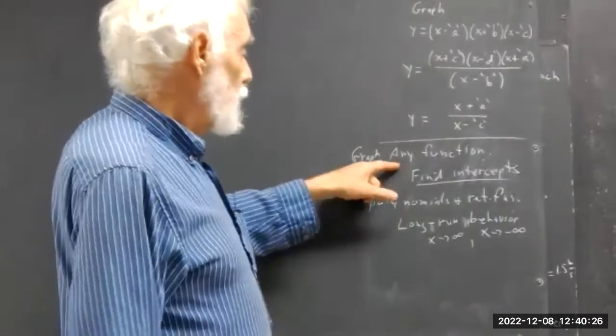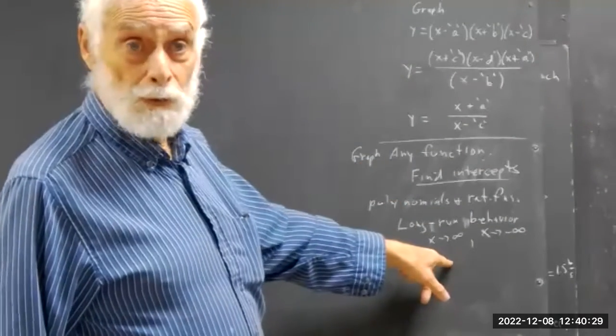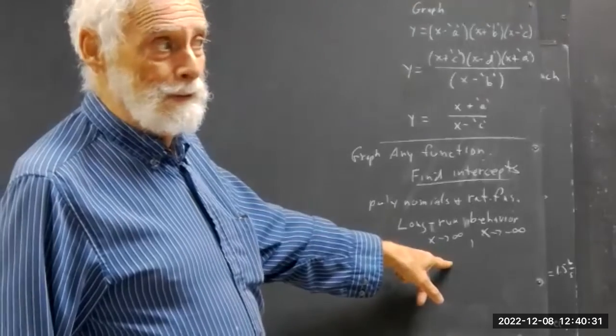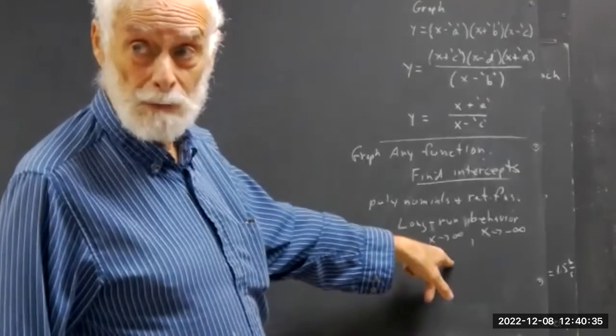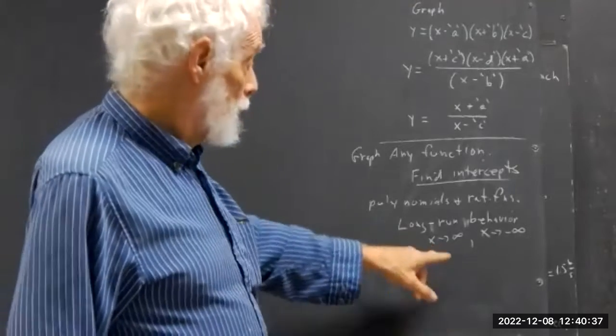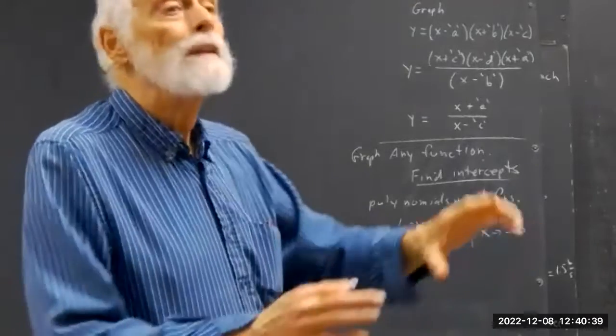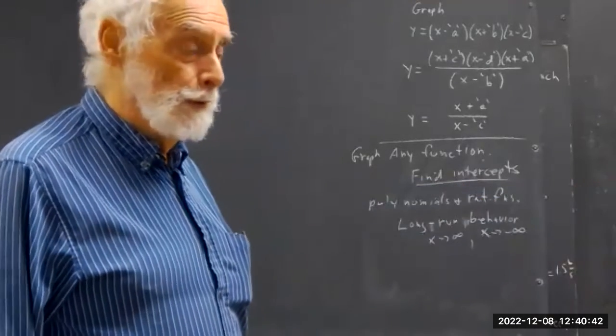Once you know the intercepts and what happens as you approach infinity, you're not really home free because you got to worry about multiplicity, but we'll talk about that in a minute. Okay. But the overview is you look at what happens as you approach infinity.